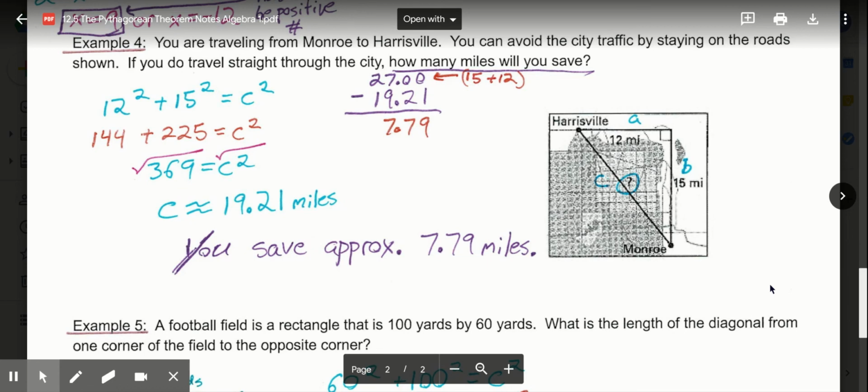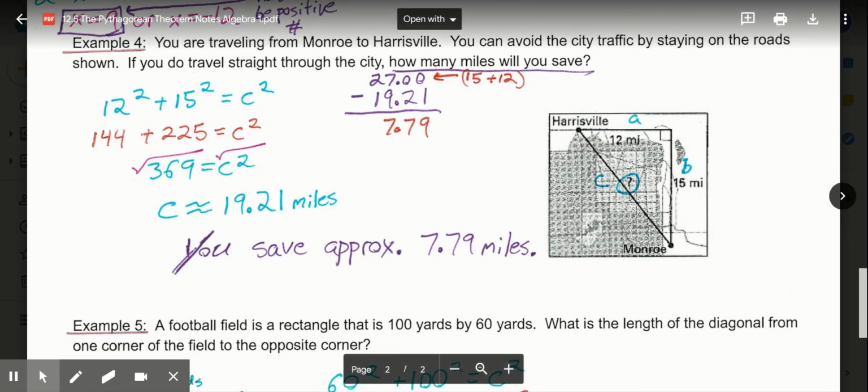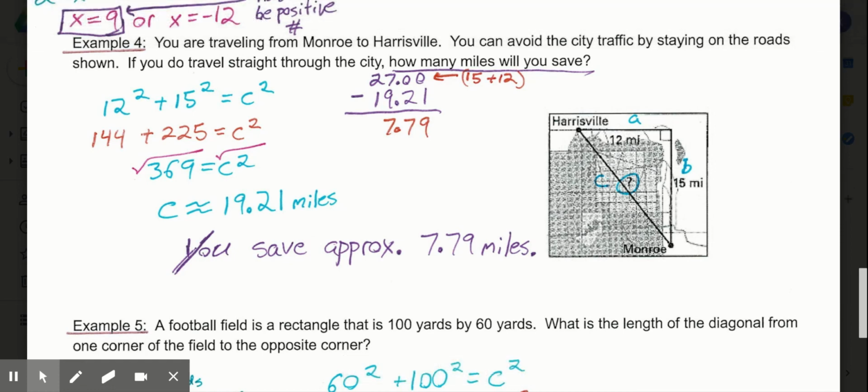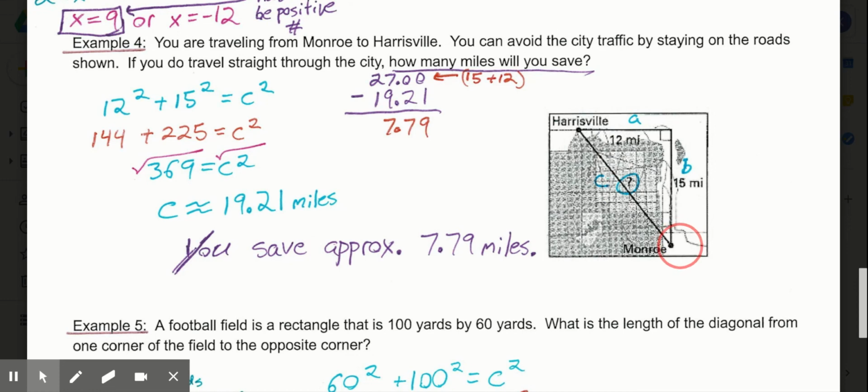So in this case, if we look at simply Harrisville and the length down to Monroe, that gives us a right triangle. So one option is to take the route here from Harrisville over and then down, which is 27 miles. Our other option would be to figure out the distance straight through the city, even though there's traffic.